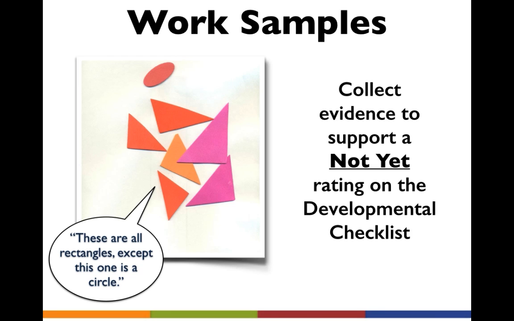But by allowing him to tell us about his work, we learn that he doesn't know the attributes of shapes. If this happens a lot, then he will likely need a not yet rating on the developmental checklist. Teachers must collect evidence to support all the ratings they make, not just proficient ratings. In fact, teachers likely need more evidence to support the rating of not yet than any other.